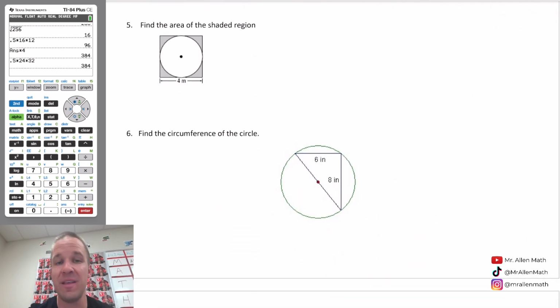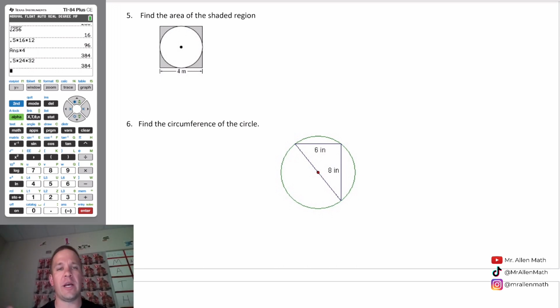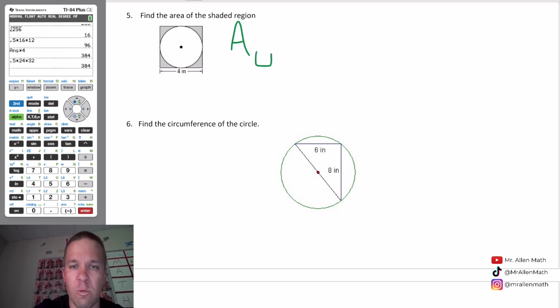All right, number 5 here. Find the area of the shaded region. Let's do it. So I have 4 meters for my side of this square, because a square is going to be around that circle. Since a circle is nice and perfect and a square is nice and perfect, they work together so nicely. So the area of the square is going to be equal to 4 times 4, which equals 16.